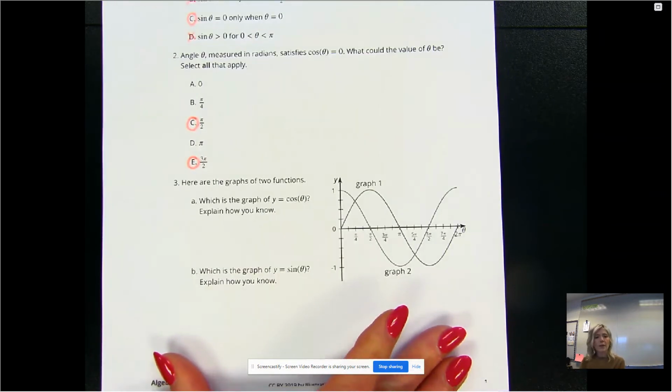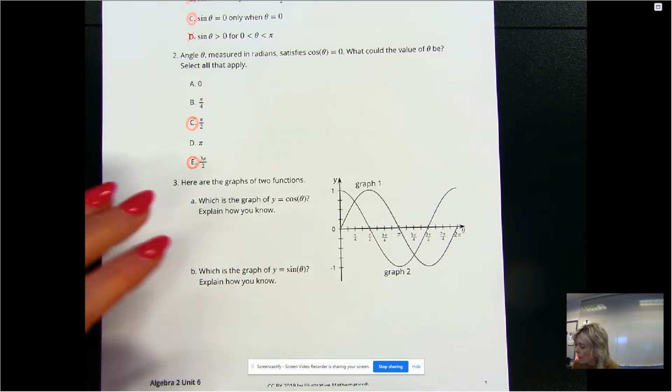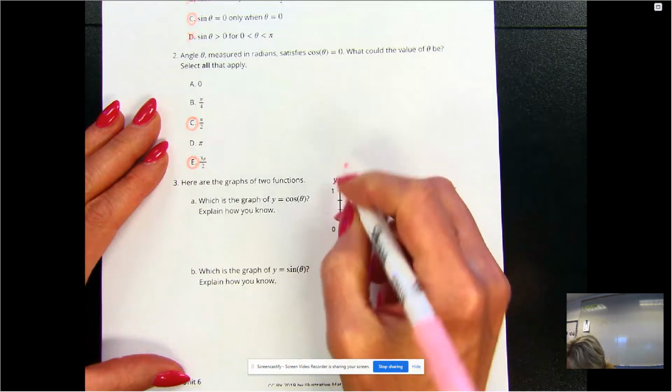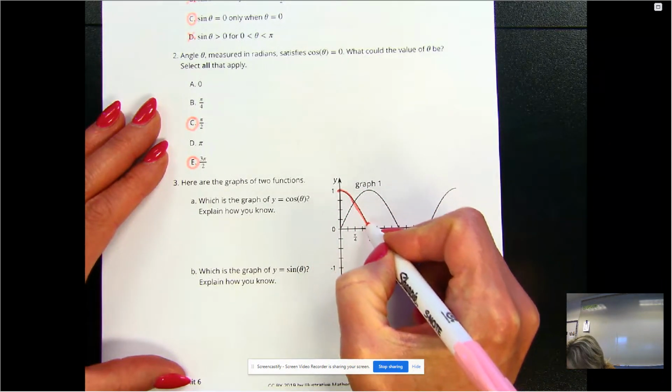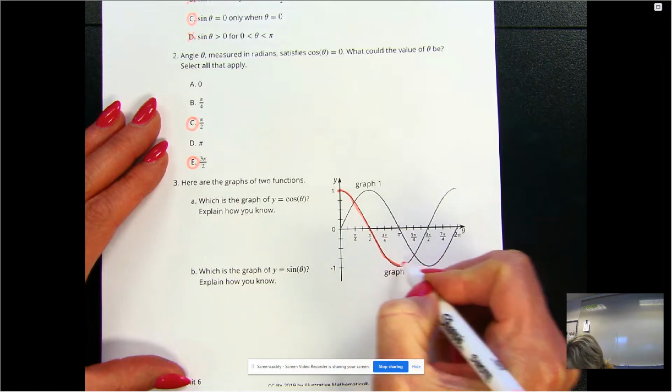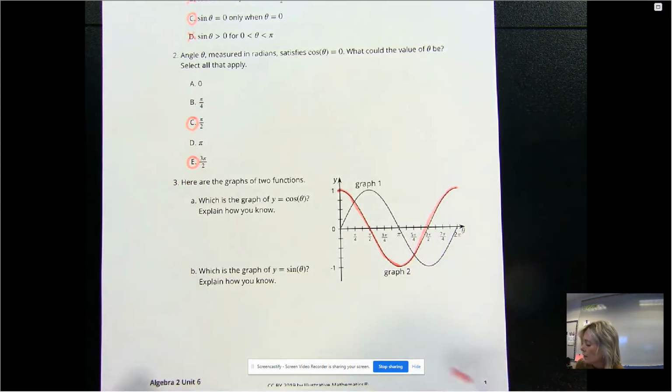Okay, next, number 3. Here are the graphs of the two functions. Which is the graph of y equals the cosine of theta? Explain. And then the sine of theta and explain. So I know this graph here that starts at 1, decreases to -1 and increases back to 1.